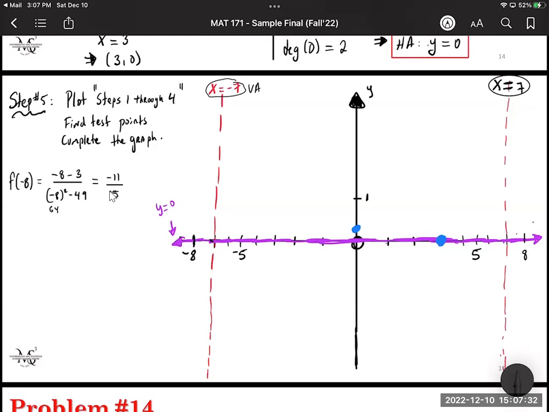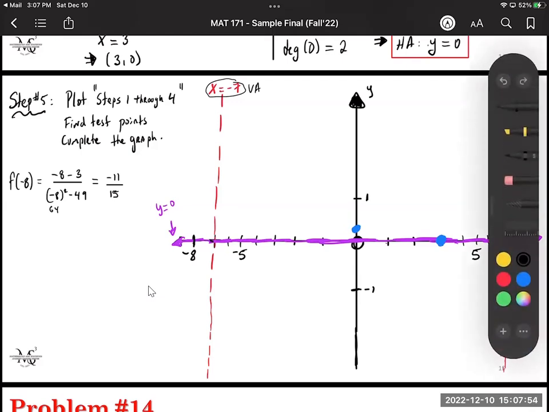So -11 over 15 is a value that's between 0 and -1. So let's say if this was -1 here, then the ordered pair (-8, -11/15) will be located somewhere here. It should be a little bit closer to -1. So somewhere around there.